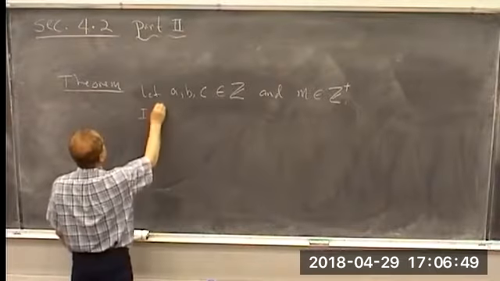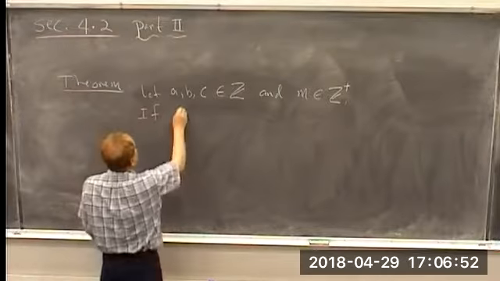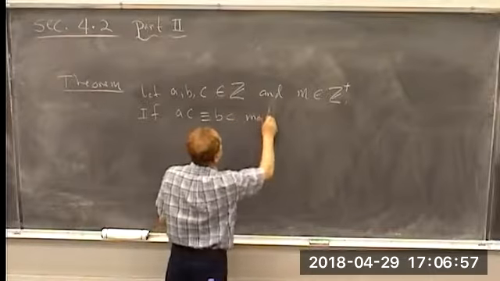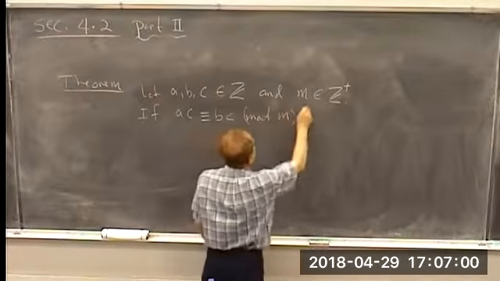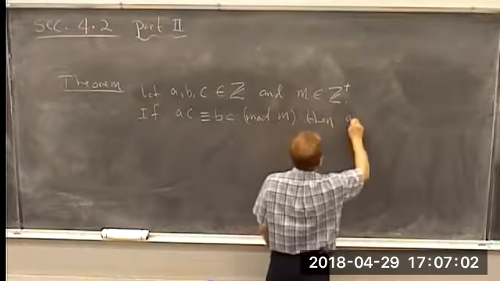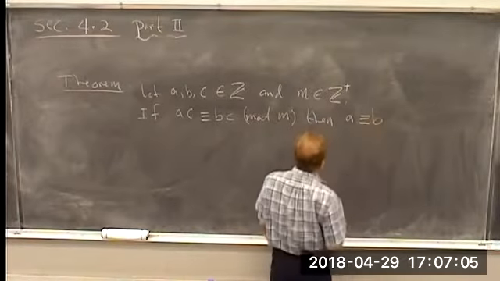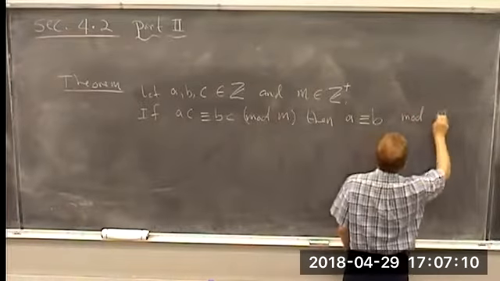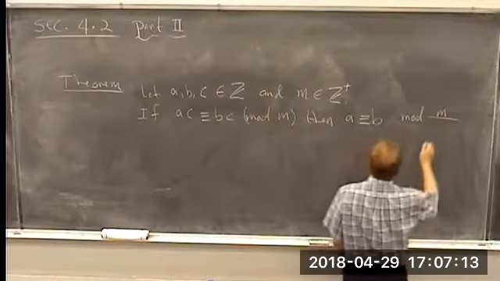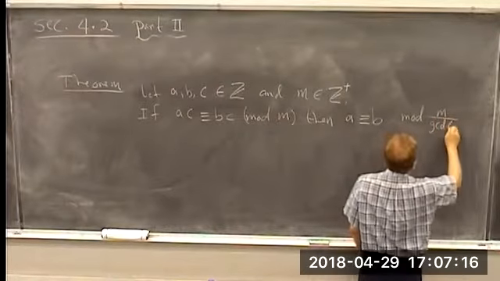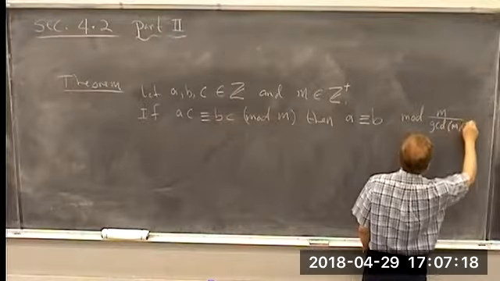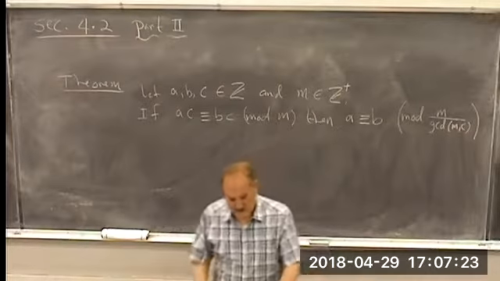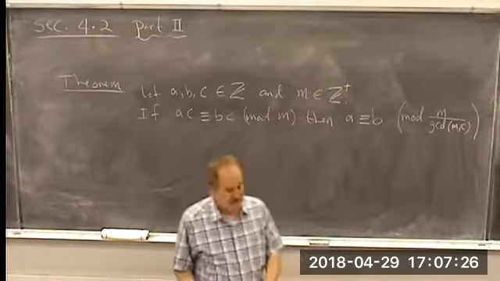If AC is congruent to BC mod M, then A is congruent to B. Means we can divide by C mod, not M anymore, M divided by the greatest common divisor of M and C. All right? So this is the greatest common divisor of M and C.